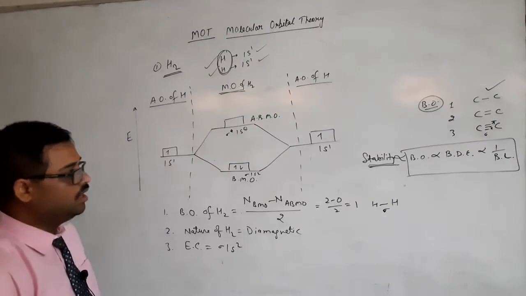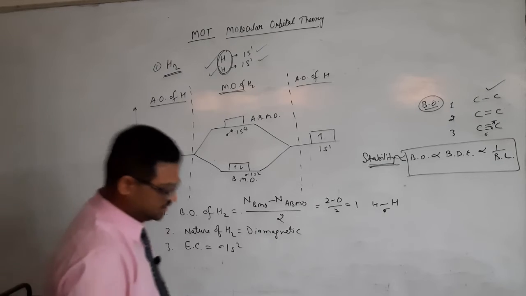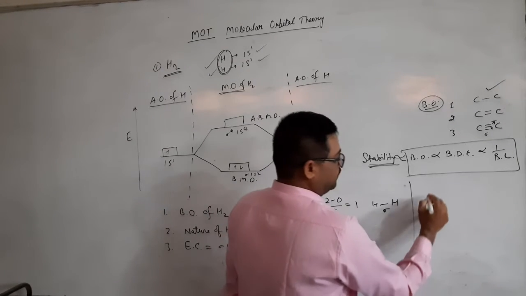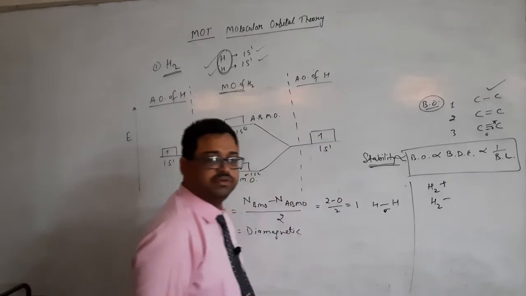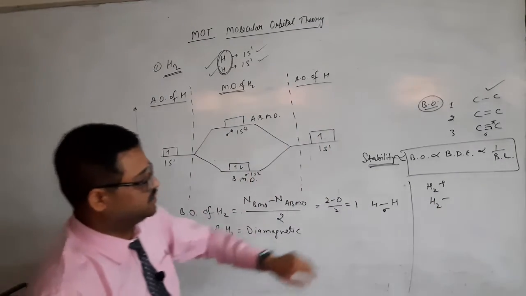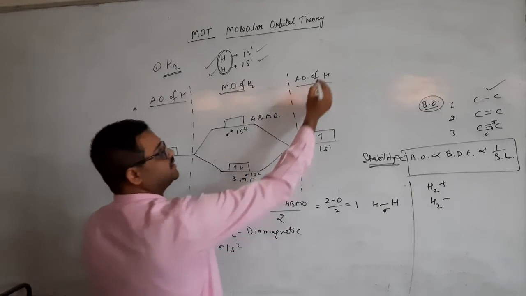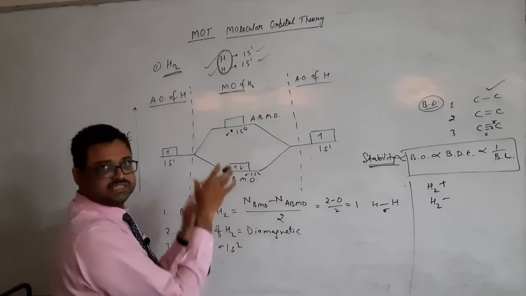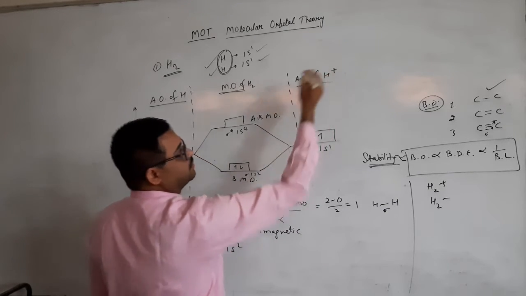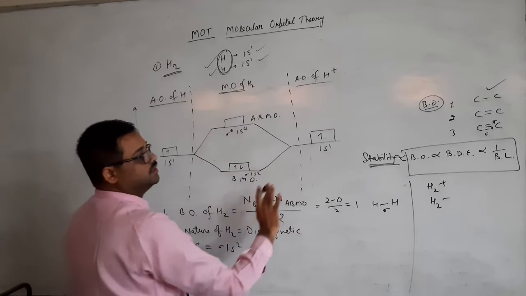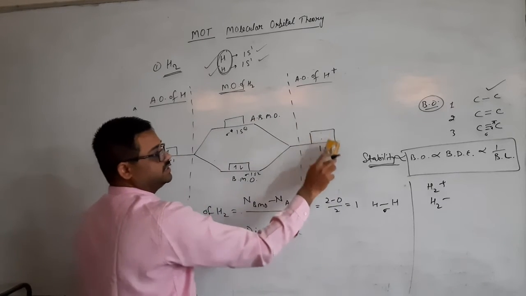Clear? Now could you imagine the formation of H2 plus and H2 minus? Can you imagine with me? Suppose I am taking H2 plus. I am going to make changes in this diagram. So this is H2 plus, one plus, so this electron will disappear.